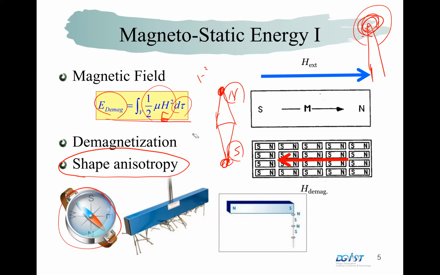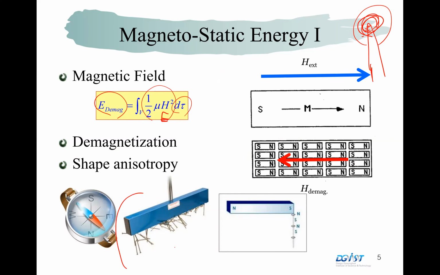So look at this cartoon. This is the bar magnet, and all the metallic pins are attracted by the magnetic field, and they make this kind of attachment, not this other shape, because this is the lowest energy state.